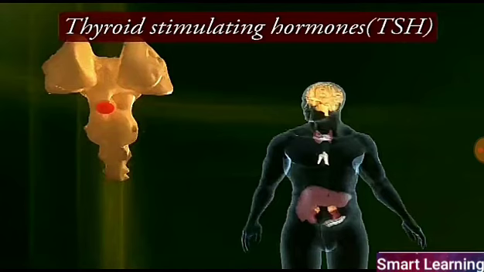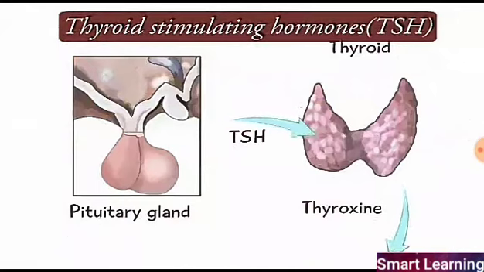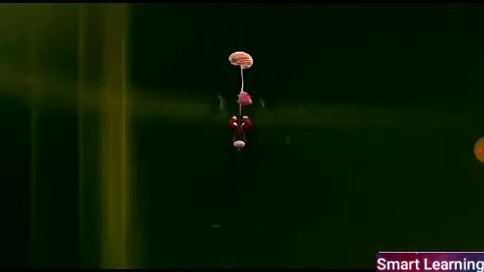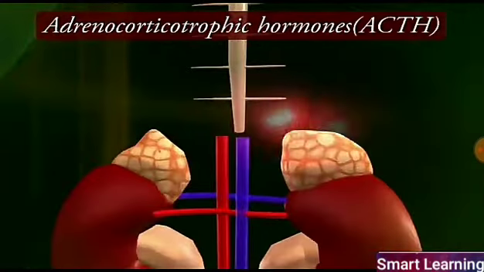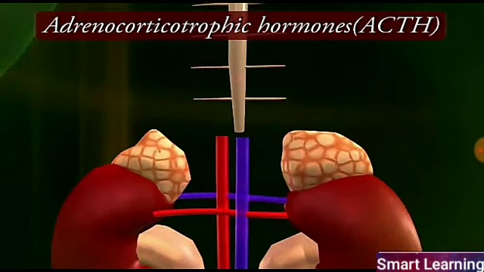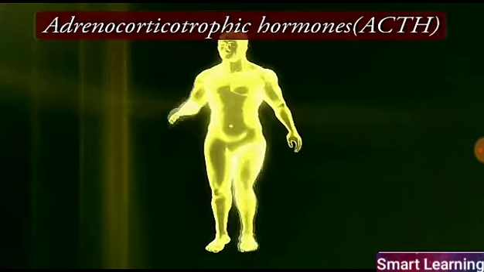Thyroid stimulating hormone TSH that stimulates the growth of thyroid gland and production of thyroid hormones. 4. Adrenocorticotropic hormone ACTH that stimulates the adrenal cortex to grow and secrete its hormone.